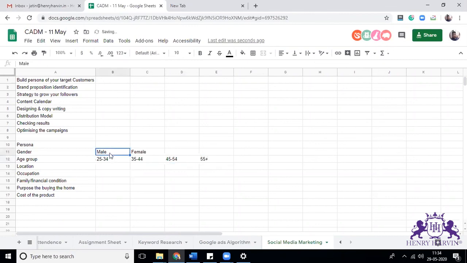A male buying a property is for a different reason. His mental thinking is different in comparison to a female. Secondly, a person in the age group 25 to 34 is buying a house because most probably he might be looking for an investment purpose.